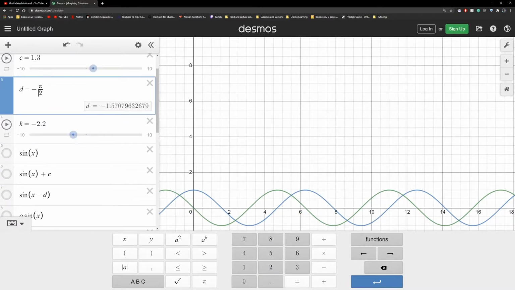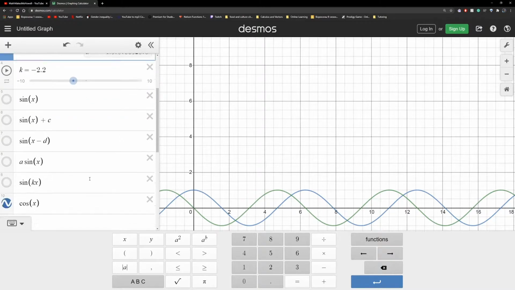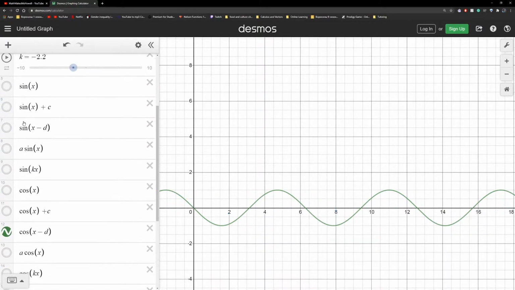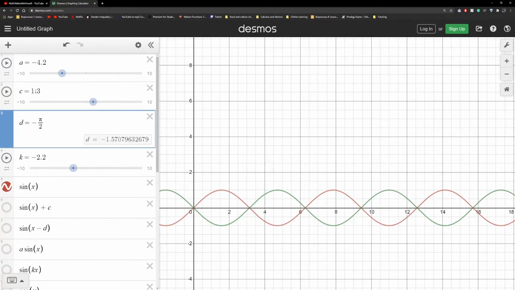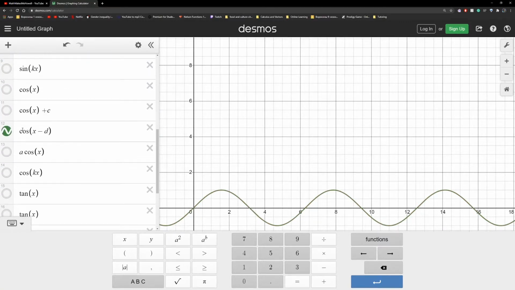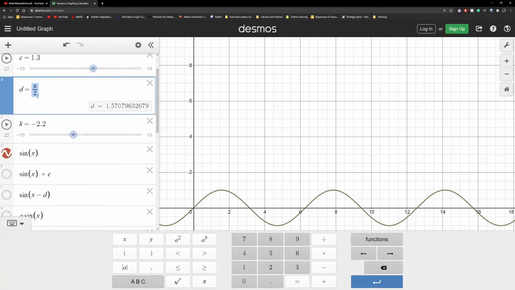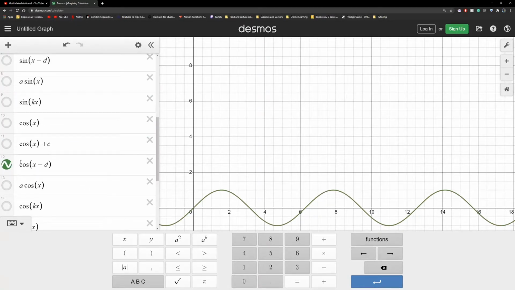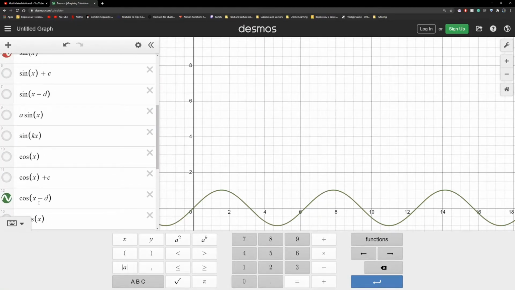How much do we actually need to move our functions? Well, if it was negative pi, that doesn't seem right. It was actually too big. But if we had pi over 2, we see that sine of x is equal to cos of x minus pi over 2, which would mean that these graphs are actually the same.